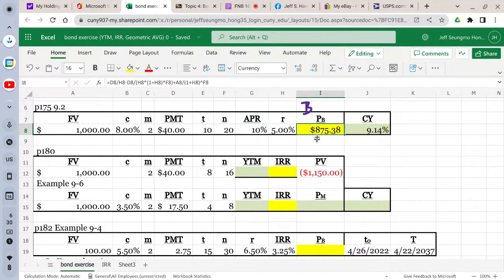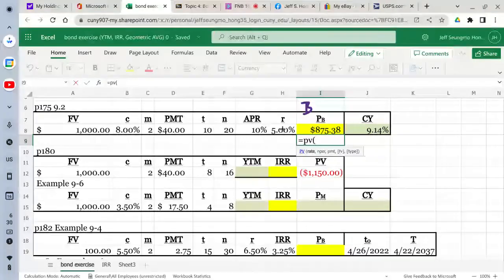Okay. So here, I can use Excel's built-in function. There are two ways you can do that. One: now it's present value, so PV, and then you give it whatever it's asking for. Rate, and I think that rate is the discount rate.